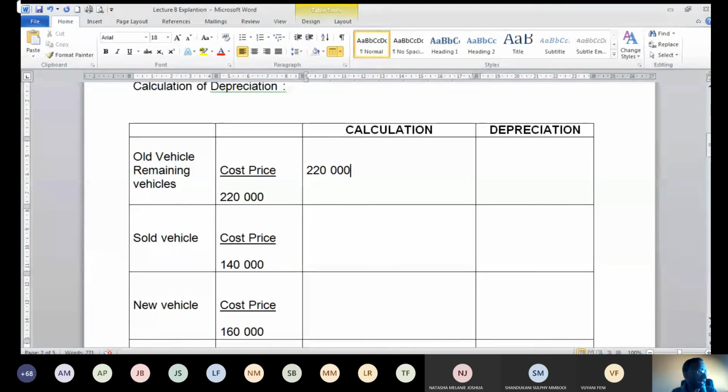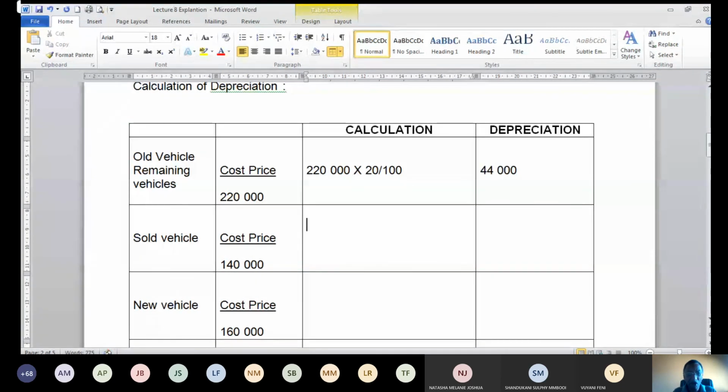Remember, the rate is 20% per annum on the cost price, times 20 divided by 100. And my depreciation on my remaining vehicles is an amount of 44,000. Take the 220,000, calculate your 20% on that, and your depreciation on your remaining vehicles, on your old vehicles, is 44,000.